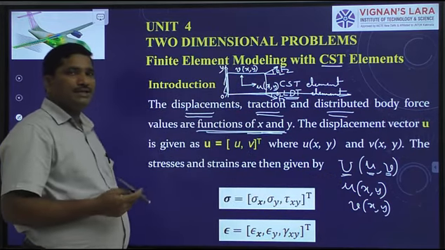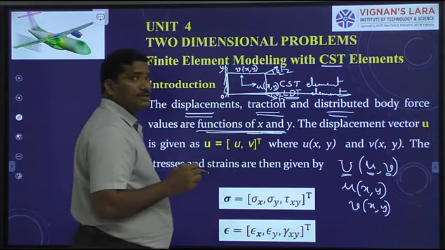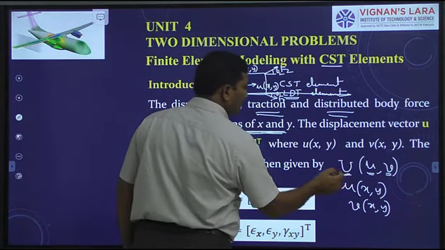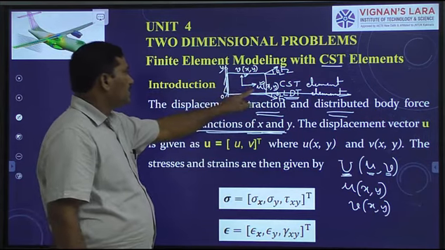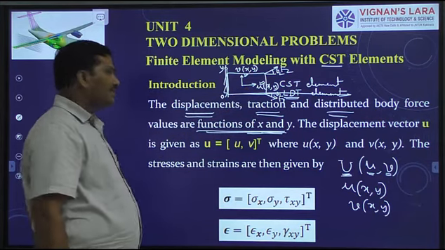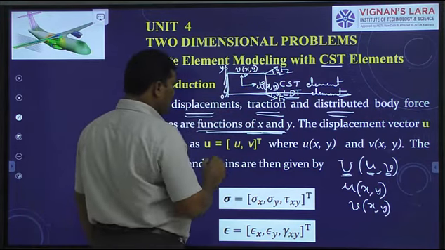Capital U is the resultant displacement, which is the unknown displacement, which we get by the vector sum of small u and small v, where the small u and small v are the rectangular displacements. Therefore, the unknown displacement U we can express like this.